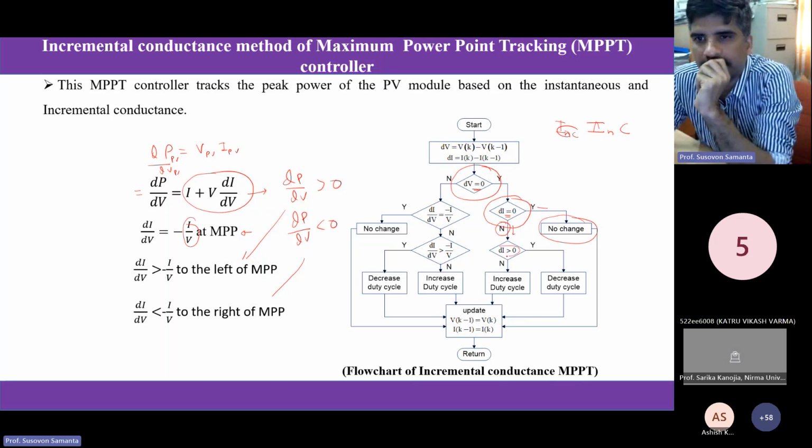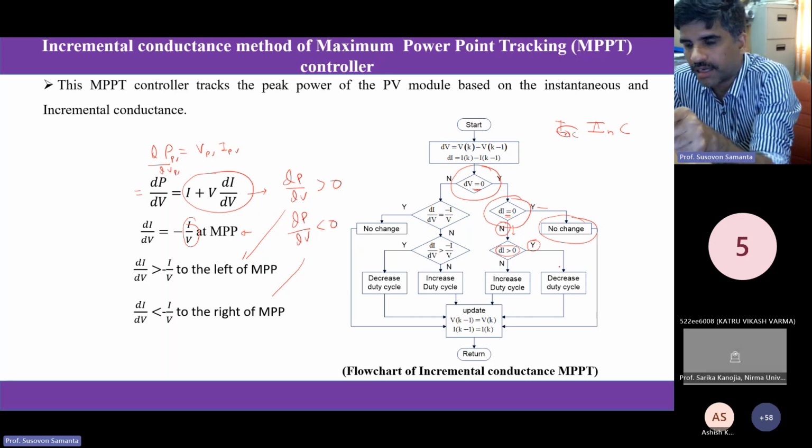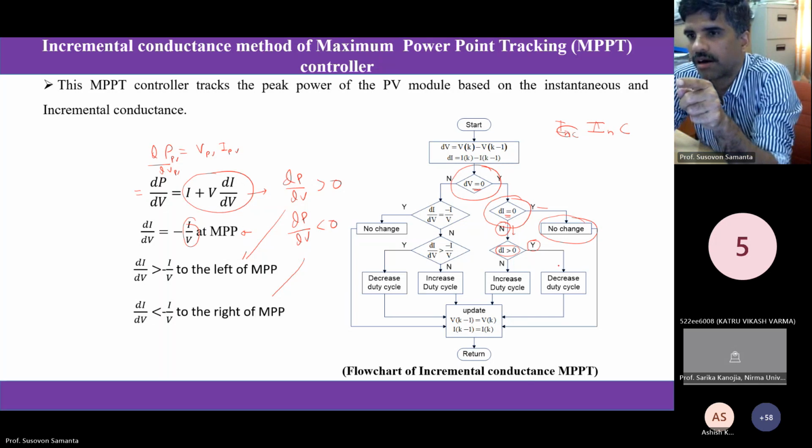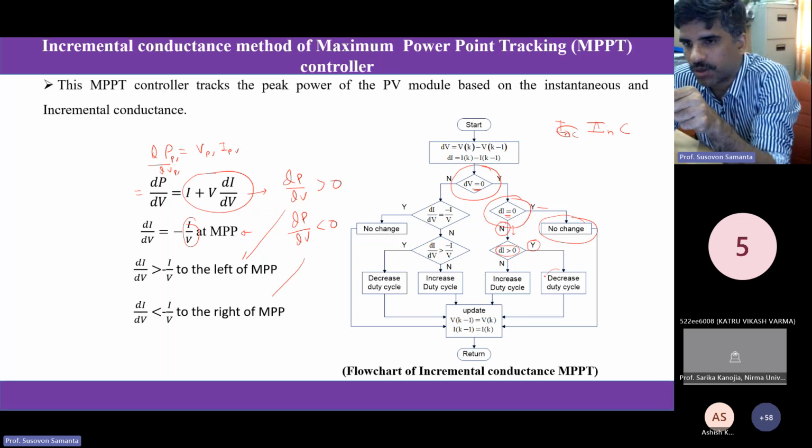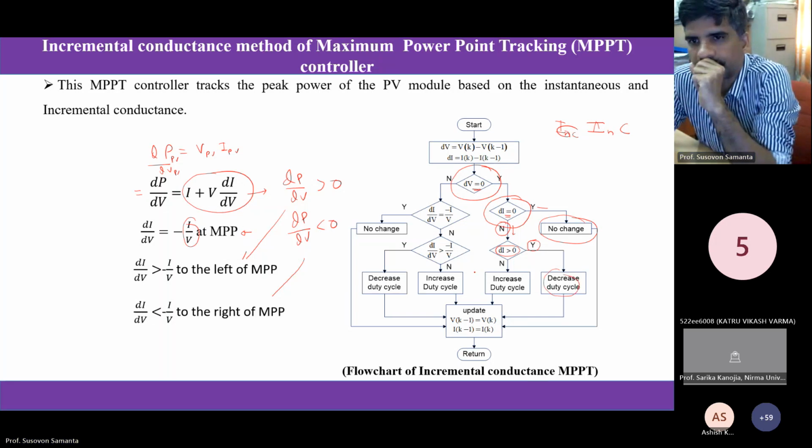And then we are checking dI greater than 0. If dI greater than 0, yes, then what I said is that it should decrease the panel voltage. Okay, but here it is not doing it.